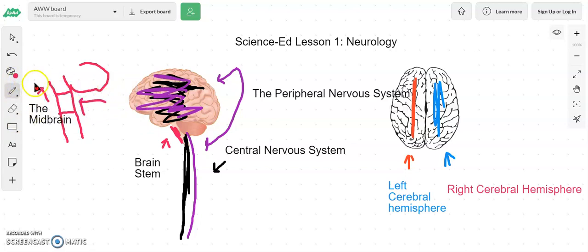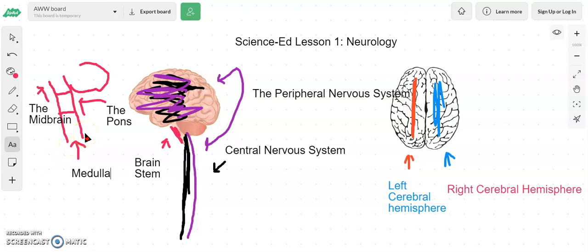So right here is called the pons. And then, last but not least, right here, is the medulla. You can also call it the medulla oblongata, but I like to call it medulla.